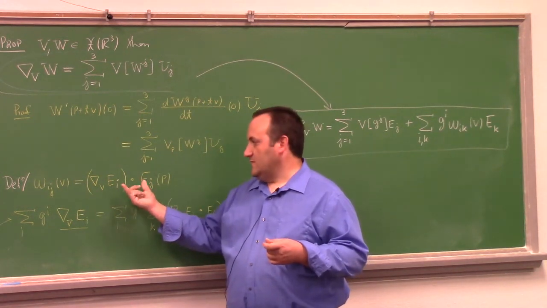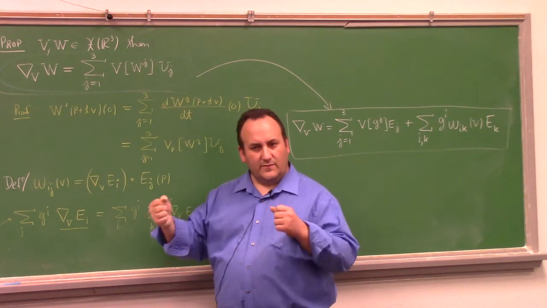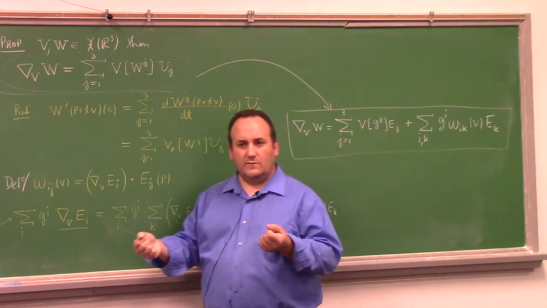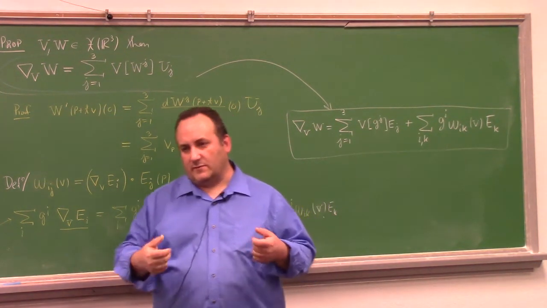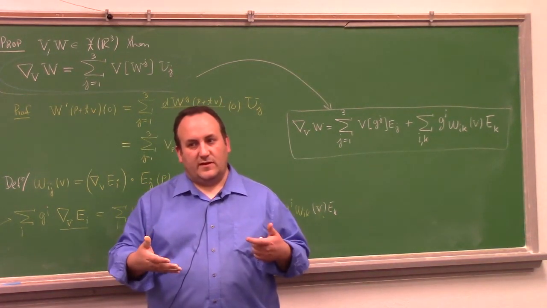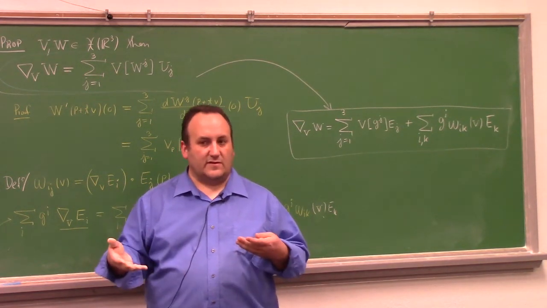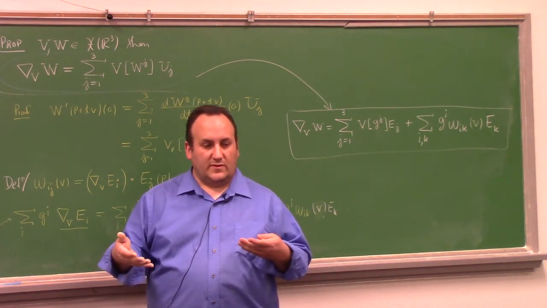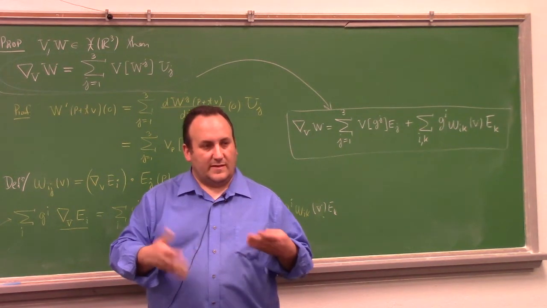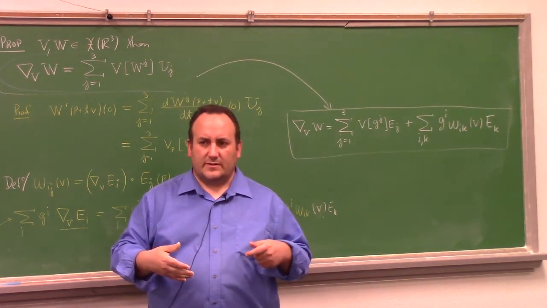So they tell us how the given frame is rotating from point to point. They are very much analogous to what we did with the Frenet-Serret equations today. The coefficients in the Frenet-Serret equations are, in fact, specific examples of connection coefficients. It's an example in my notes, or maybe a homework problem of yours, I forget.